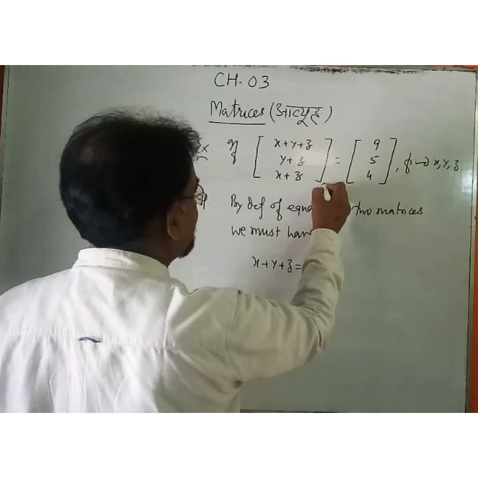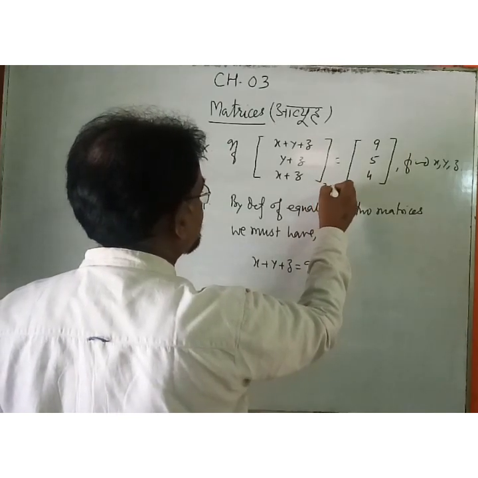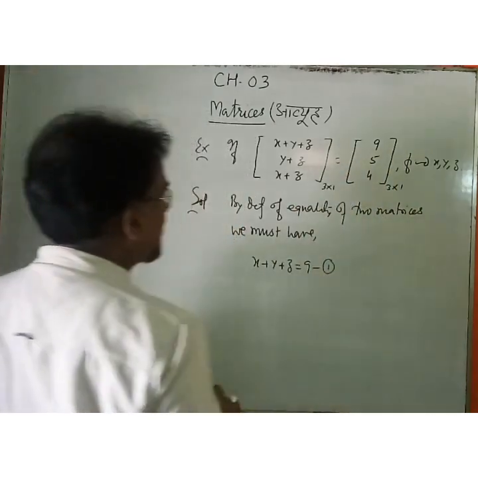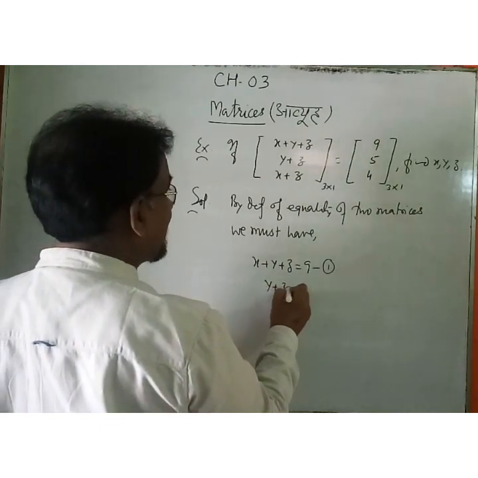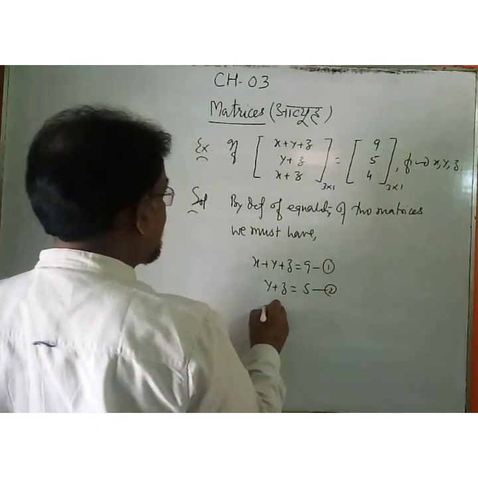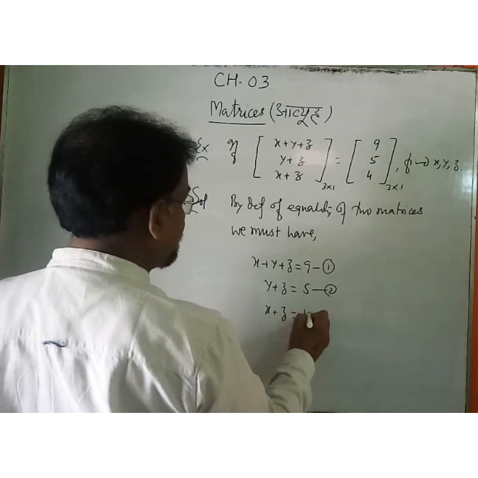Corresponding members should be the same. This is also 3 rows 1 column, this is also 3 rows 1 column. Then Y plus Z should be equal to 5, equation 2, and X plus Z is equal to 4, equation 3.